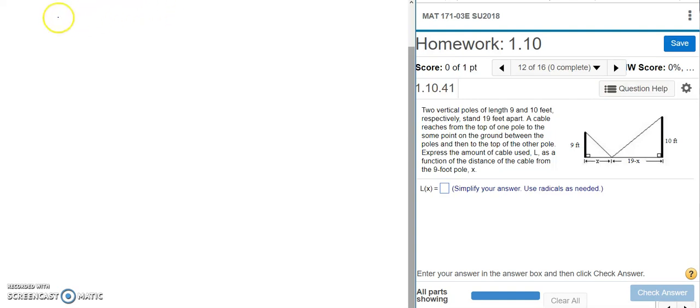So we're going to use L to represent the amount of cable used. I'm guessing they're using L for length of the cable, and that's total, going from one pole to the ground up to the other pole.